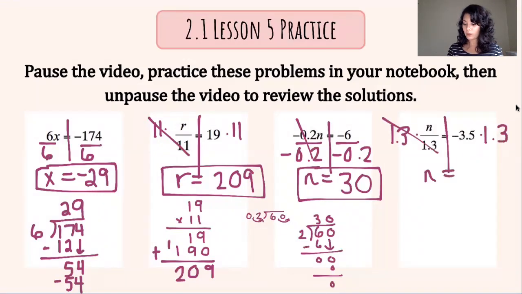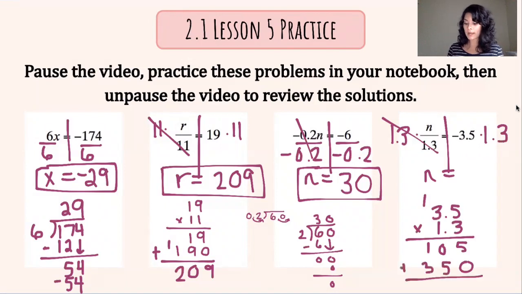I'm going to do my work down here at the bottom. They're both 2-digit numbers, so it doesn't matter which one I put on the top. 15 carry the 1, 9 plus 1 gives me 10. I drop a 0 to keep going. 1 times 5 gives me 5, 1 times 3 gives me 3, and now I add.